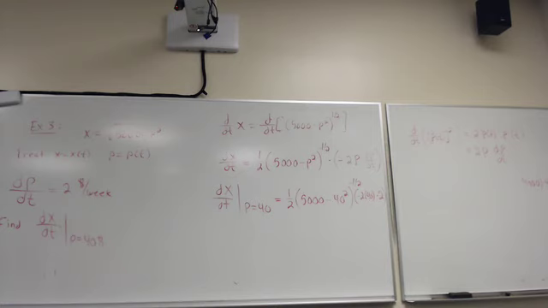Alright, so I'll plug all that messy stuff into the calculator, if I can find my calculator. 0.5 times, parentheses, 5,000 minus 40 squared, parentheses to the minus 0.5 power, times negative 2 times 40 times 2.